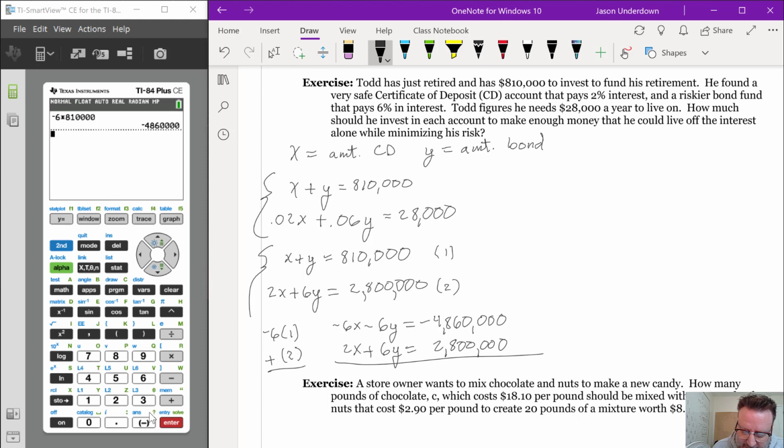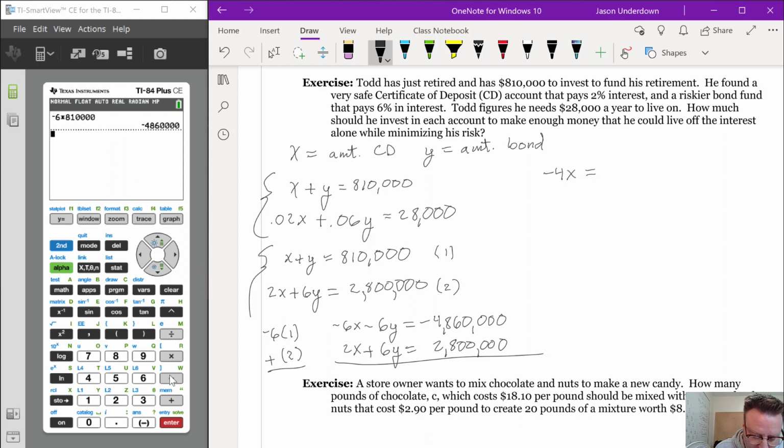Okay, I add these together, and what do I get? I get negative 4x. I'll write it up here. I get negative 4x equals, let's see, negative 4,860,000 plus 2,800,000.